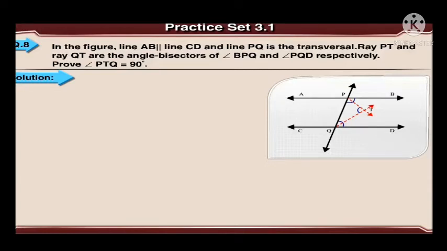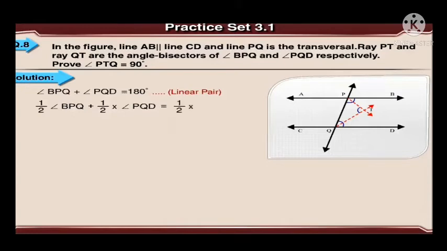Here, angle BPQ plus angle PQD is equal to 180 degrees, linear pair. Multiplying both sides by half, we get half into angle BPQ plus half into angle PQD is equal to half into 180 degrees. Let us keep this as statement 1.